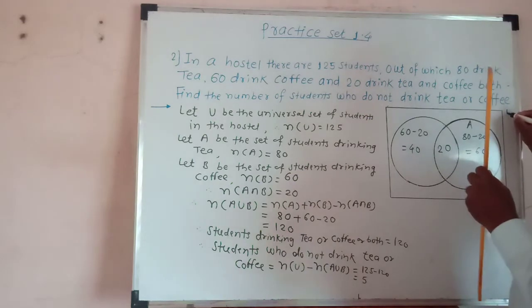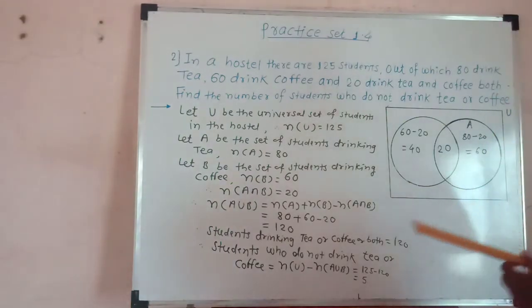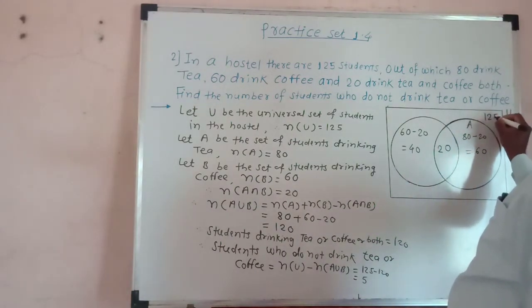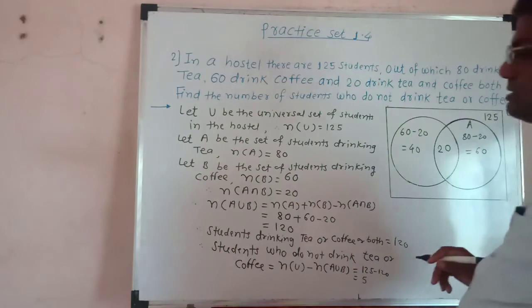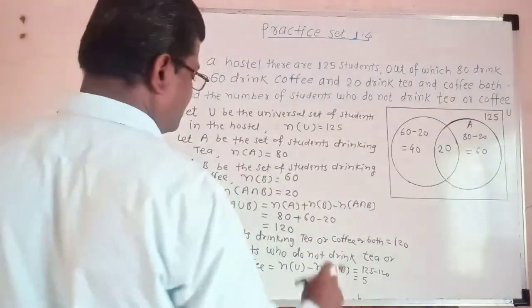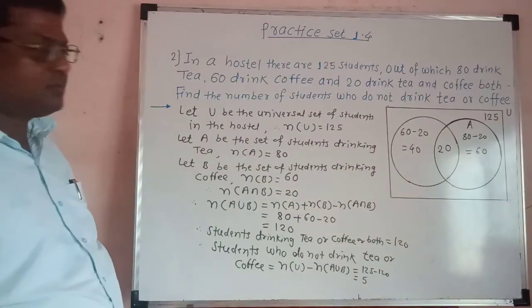Now this is the universal set, and there are 125 students in this set. Thus, students who do not drink tea or coffee are 5.